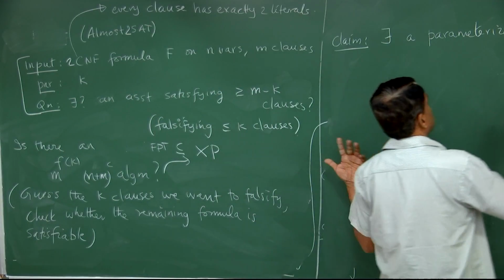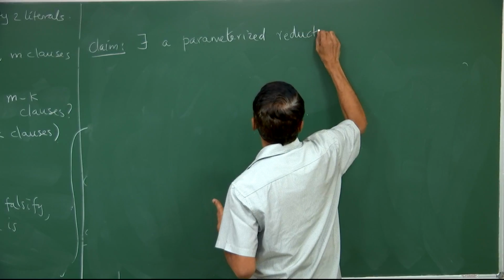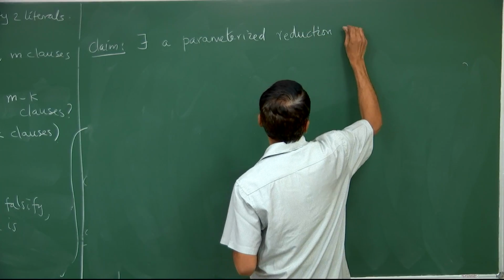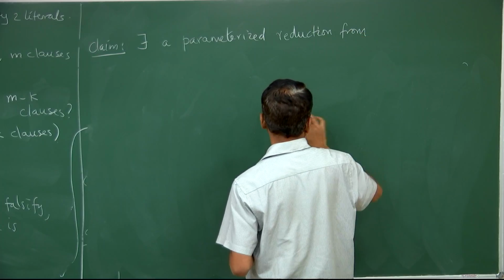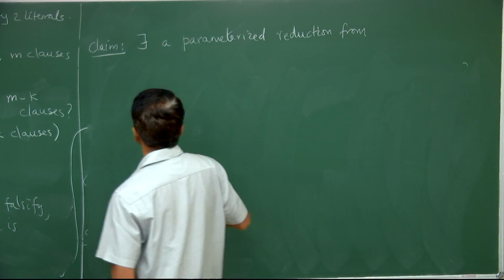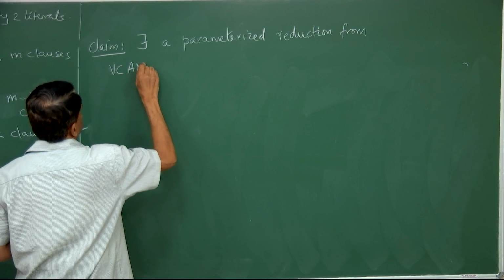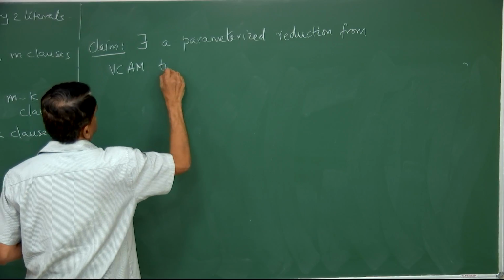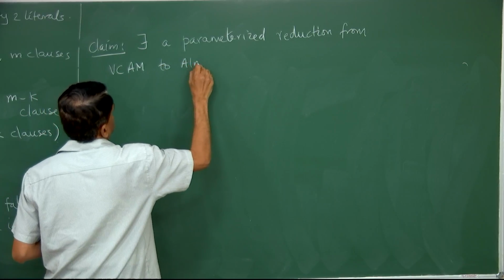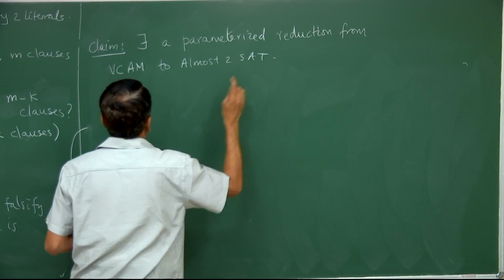And I'm using the word parameterized reduction. All this will come in handy later. Vertex cover above matching. So, what is this problem?